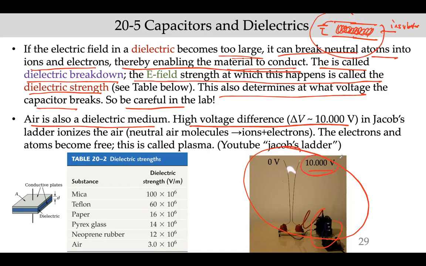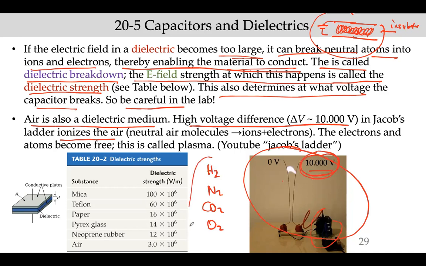If you apply this much voltage, it ionizes the air. Air has atoms: it has hydrogen gas, nitrogen gas, CO2, oxygen, so several gases. These atoms or molecules have their protons and electrons, but if you apply really high voltage like this, the electrons will be separated from the protons, from the ions.